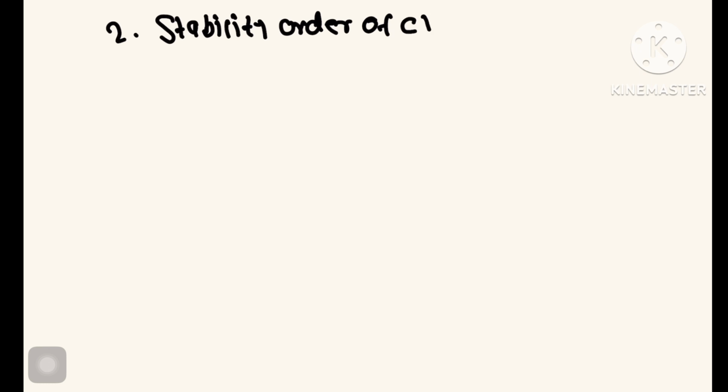Second question, similar: stability order of carbocation. A given CH3, CH2, CH2 plus.